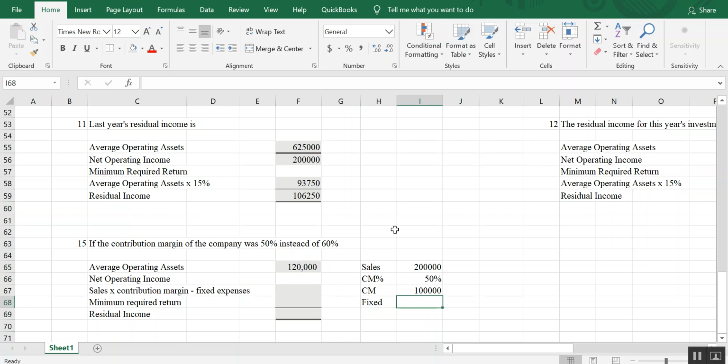We have 90,000 fixed costs and a net income of $10,000. So we take the 100,000 minus the 90,000, we get net income for the project of $10,000.